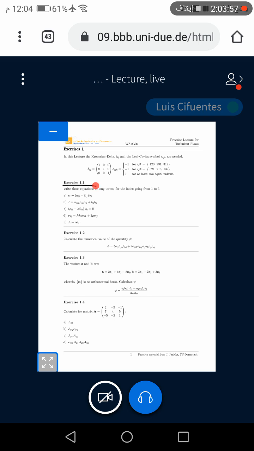Exercise 1.1. Write this equation in long terms for the index going from 1 to 3. So we will use the index notation that we already reviewed.